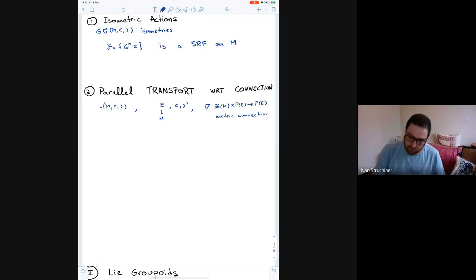Then out of this data, you can do two things. First, you can get a foliation F on E whose leaves, let me call them L_v, are the set of all points you can obtain out of v doing parallel transport by some path alpha, a path in M, where alpha(0) is pi(v).